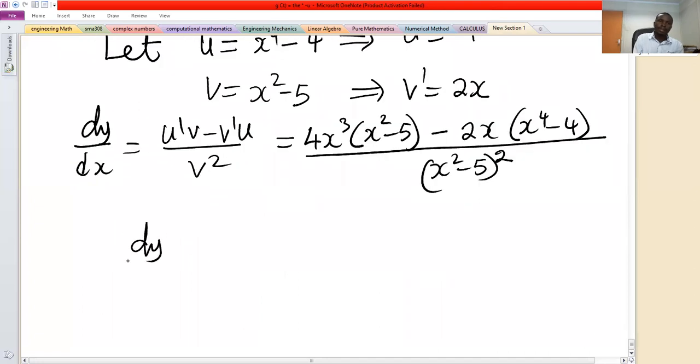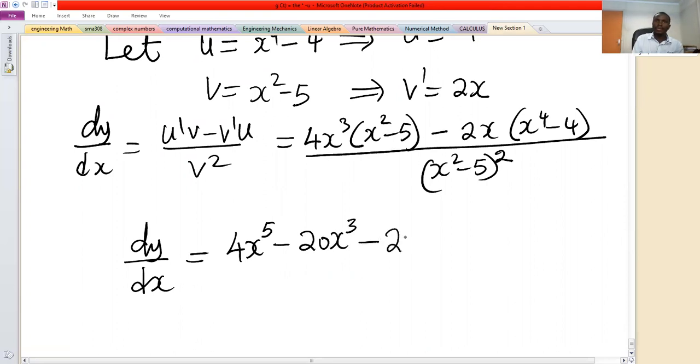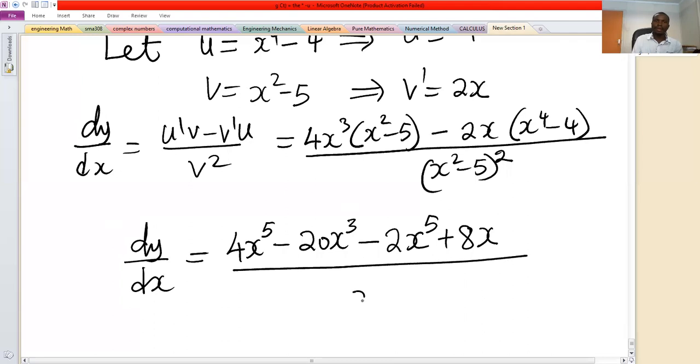So dy/dx equals (4x to the power 5 minus 20x cubed minus 2x to the power 5 plus 8x) divided by (x squared minus 5) squared.